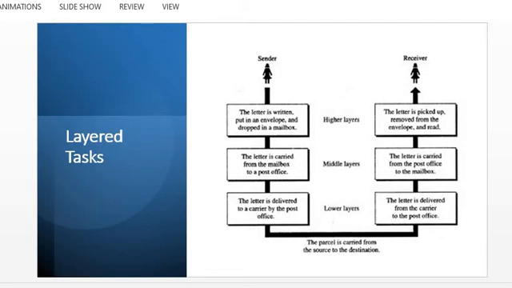Remember, in our earlier example, when we were given an example of a communication process, where we said a communication process in its simplest form involves the sender, the message, and the receiver. If you look at that communication process, you realize that there are three layers in the simplified form.